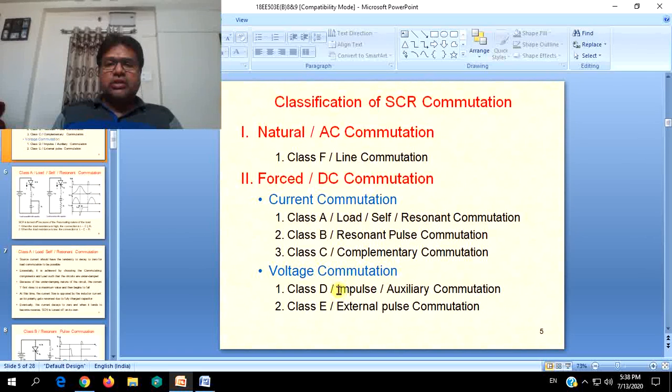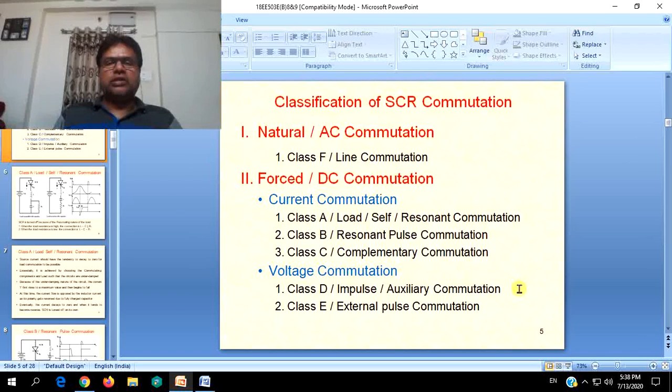Complementary commutation and auxiliary or impulse commutation, they employ extra SCR or auxiliary SCRs. So drawback of these two commutation techniques is they employ another SCR, and also this SCR will carry load current at least for some time, so they have to be rated as equal to the main SCR.